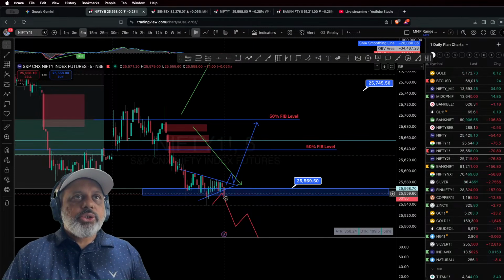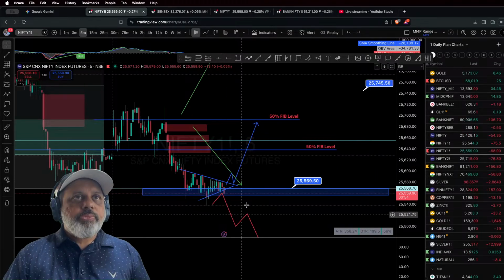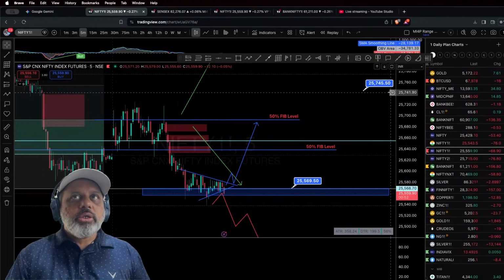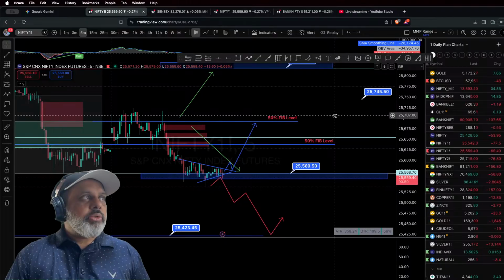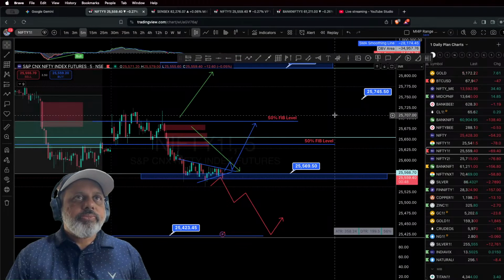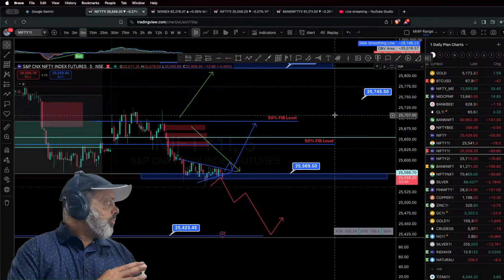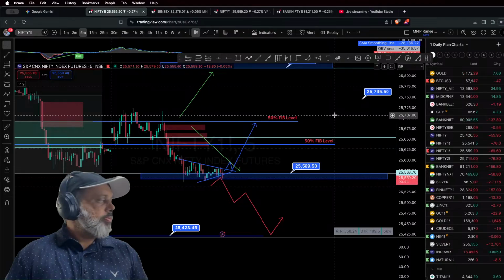Now, are we going to see a sweep and it's going to go back in, or is it going to keep on falling down? That will tell us what route the market is going to take. We're going to wait for this and see what's happening.